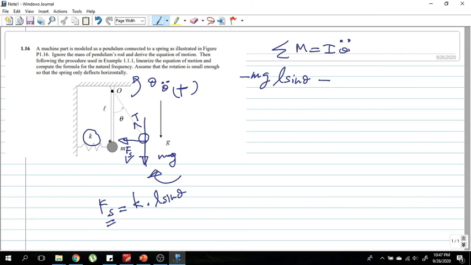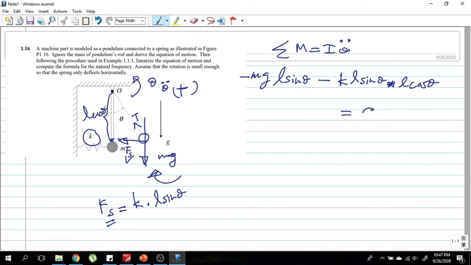This distance would be L cos theta, right? Therefore, Fs into L cos theta. Fs is K L sine theta, then into L cos theta.